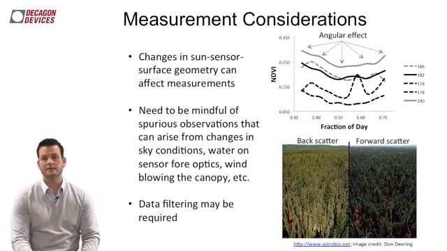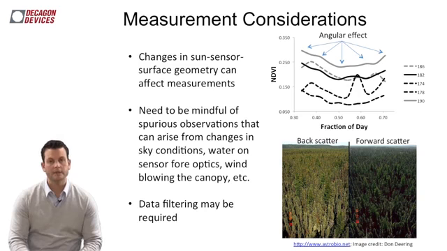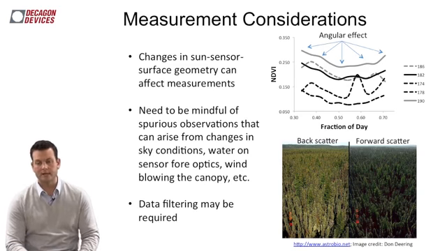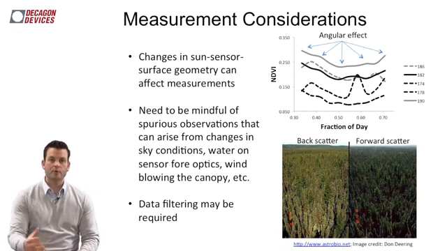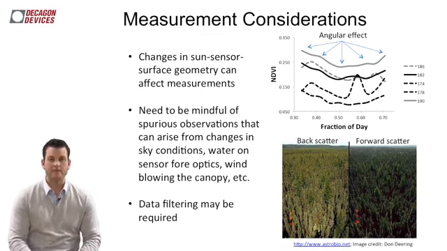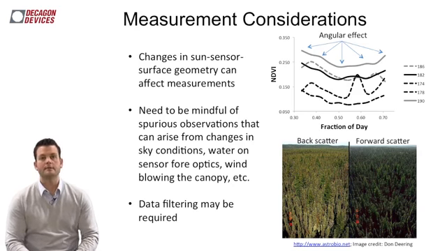One of the things that you have to keep in mind with NDVI and PRI is that changes in sun-sensor geometry can have a dramatic effect on the data. And this is particularly important when considering time series data. As an example, in the upper right-hand corner, there's 5 days worth of NDVI plotted. So you can see each line represents a different day.